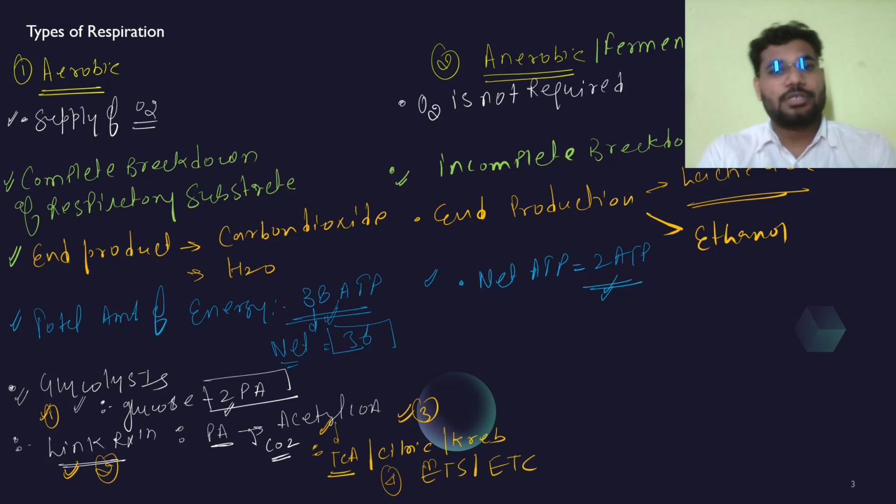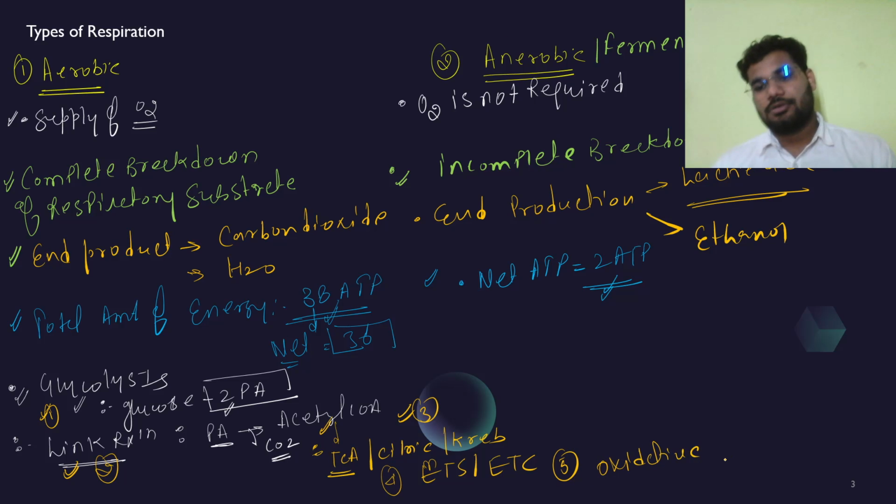That is the fourth step, which occurs in the mitochondria, but in the membrane of the mitochondria. After that, another step is called oxidative phosphorylation.